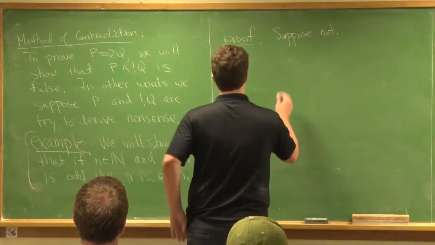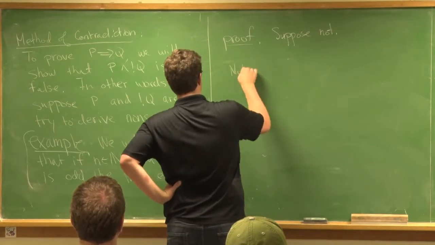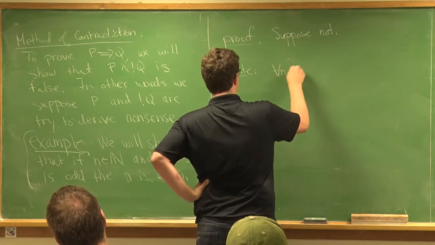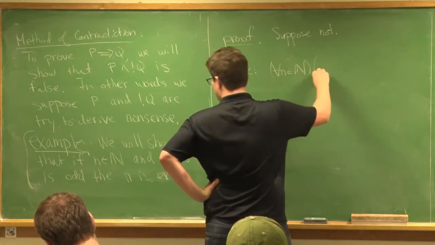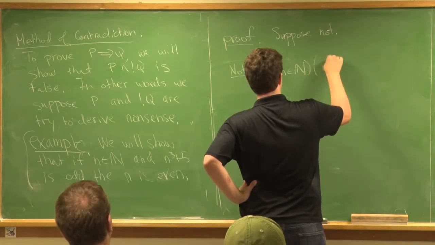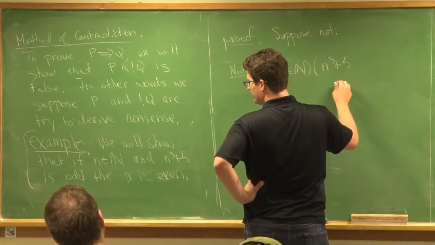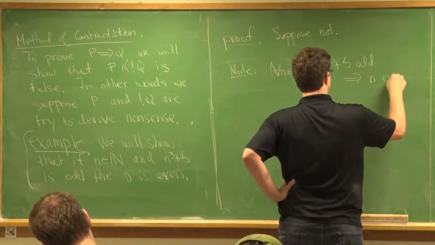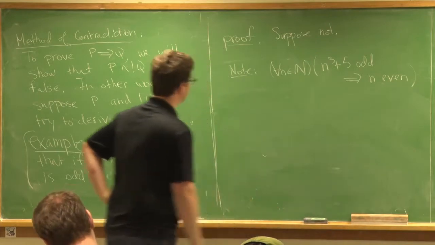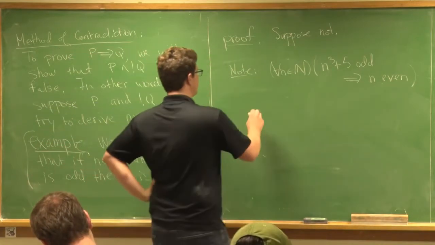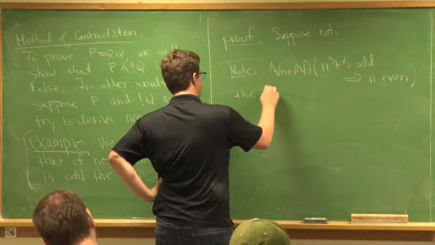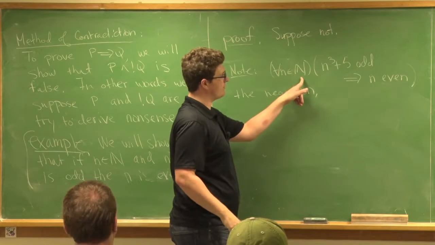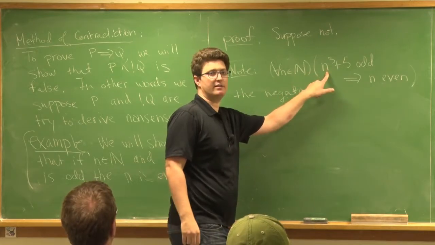So this means, right, and so let me do a little quantifier calculation here. So the statement is, for all n in the natural numbers, n cubed plus 5 odd implies n is even. Okay? So if I were going to do the negation of this, when we do a negation, we flip the quantifiers and then we negate this.